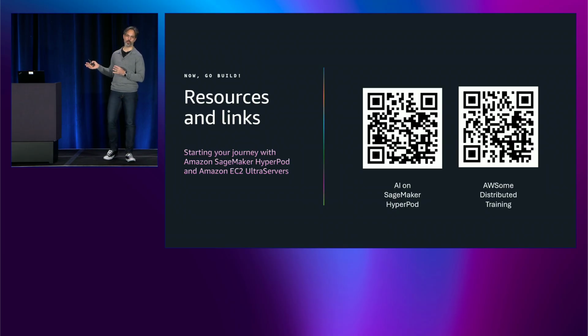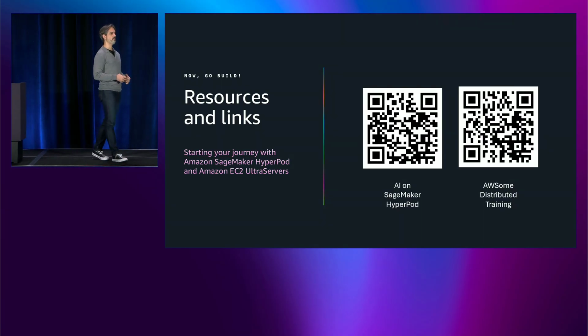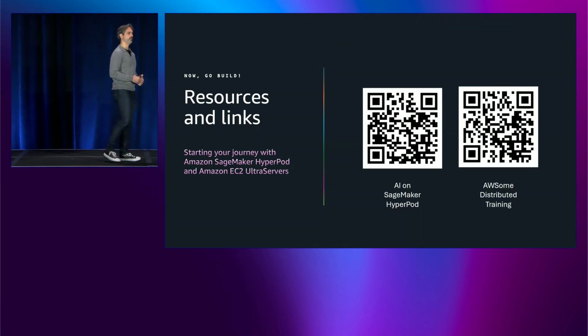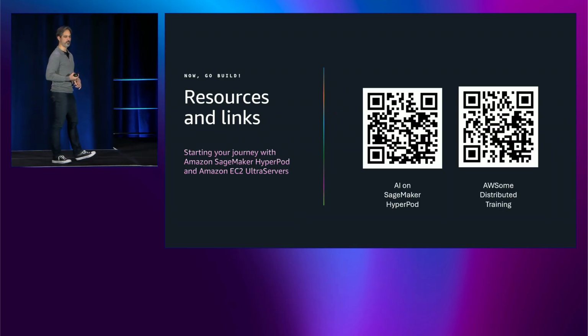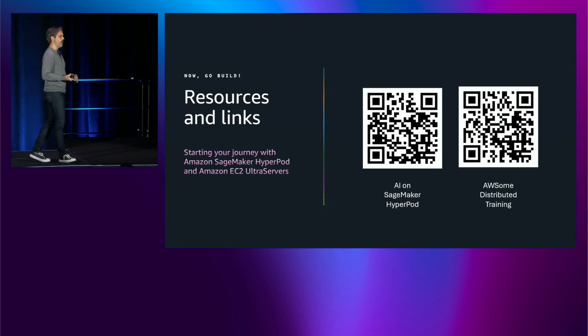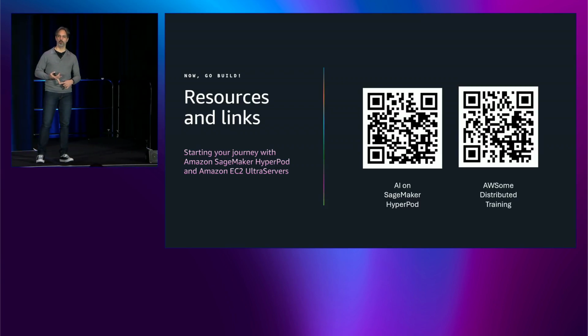Most of what you have seen today on this demo is explained there, on how to replicate it on your own account. The second repository, awesome distributed training, has examples of starting, for example, a fine-tuning on DeepSeek, on Qwen, a training on Llama 4 and Llama 3, or even doing some micro benchmarks if you want to test and troubleshoot your cluster.